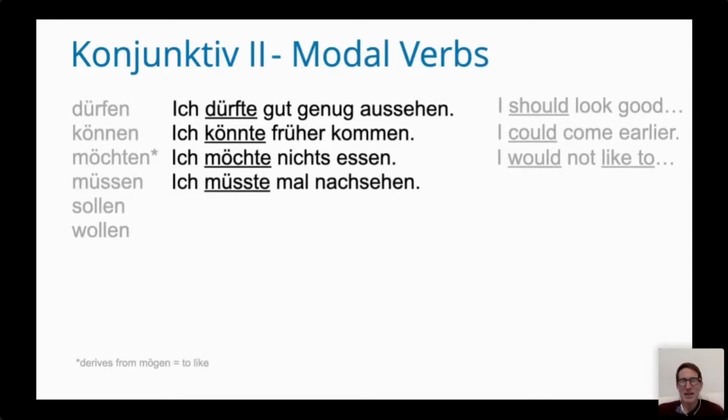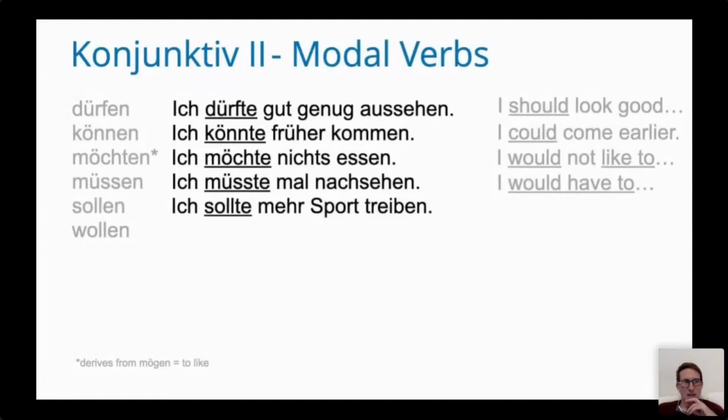Ich müsste mal nachsehen. This is something you hear from people. If you ask, is Maria zu Hause? Is Mary at home? They say, oh, I would have to check. Let me check, you would say in English, but the literal translation in German is, I would have to check. Ich sollte. Sollte is a tricky one. I should actually make a masterclass about sollte.